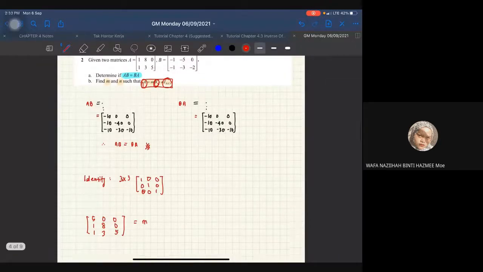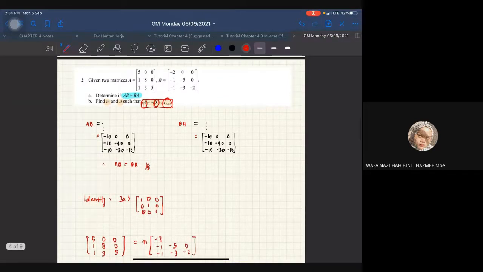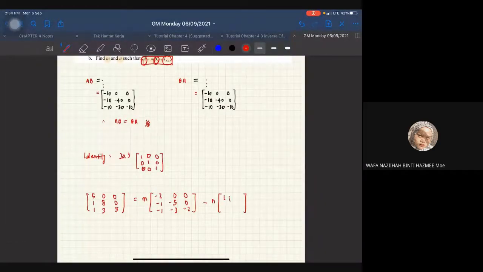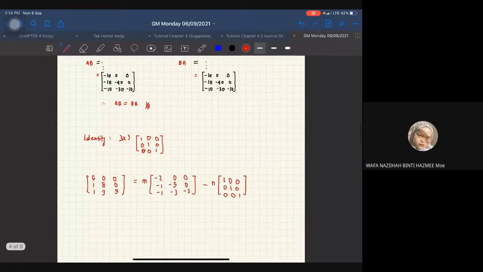And then B, we know B, so just copy down the matrix B. So -2, -1, -1, -5, -3, 0, -2. Atas dia adalah 0, 0. Okay, and then we have minus N times the identity matrix for 3 by 3. So kat sini kita ada 1, 0, 0, 0, 1, 0, 0, 0, 1. Okay, macam tu.